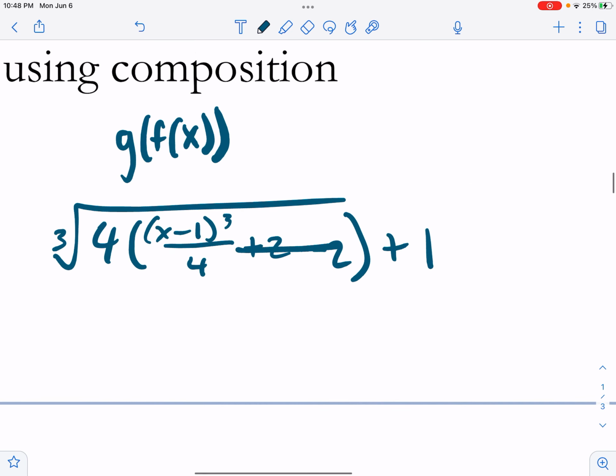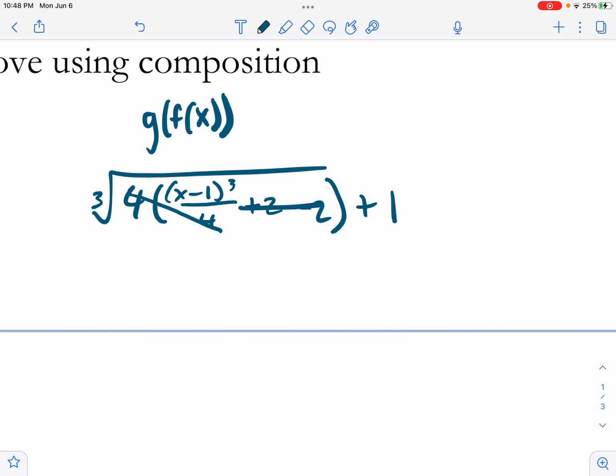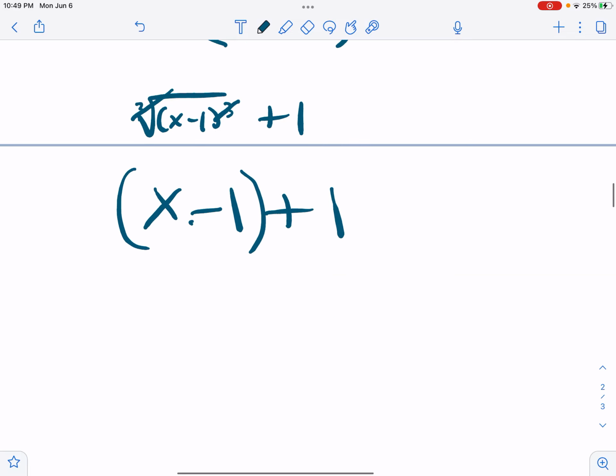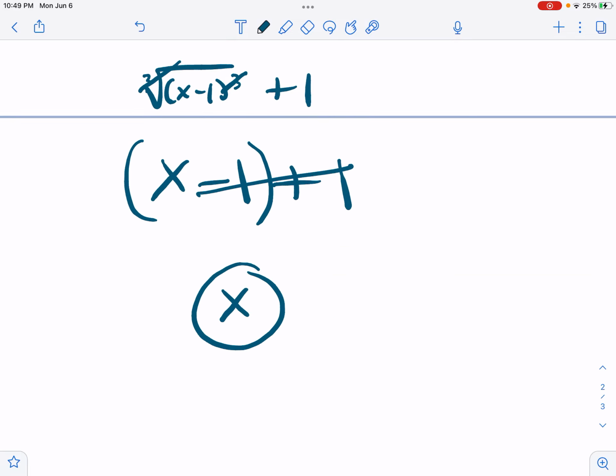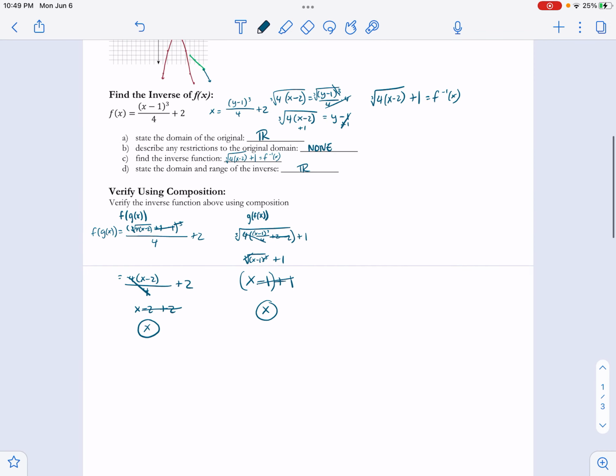So we get rid of these two, and we can get rid of these two. So then it would be x minus 1 plus 1. We can get rid of this and this. We have parentheses over here. We don't really need them, so we can cross those out. We have x. So since both of them resulted in x, they are inverses of each other. Thank you.